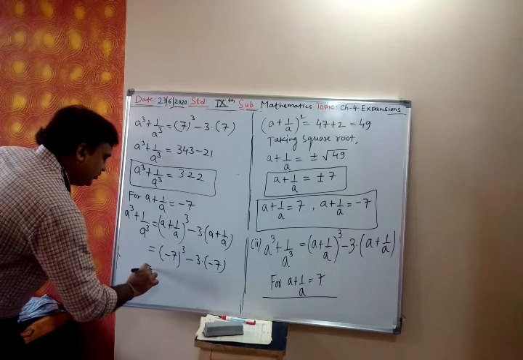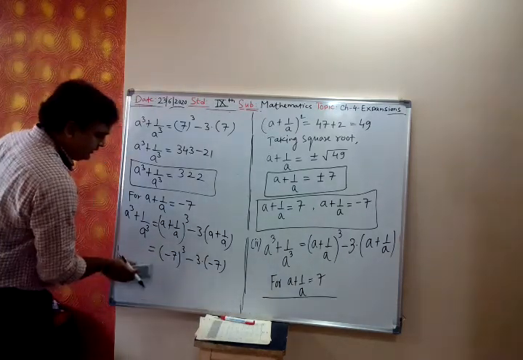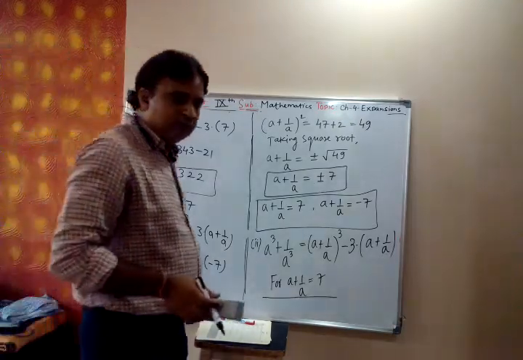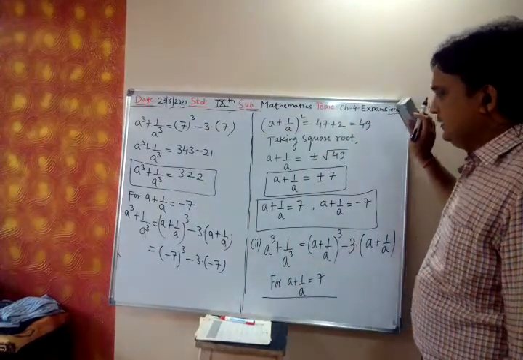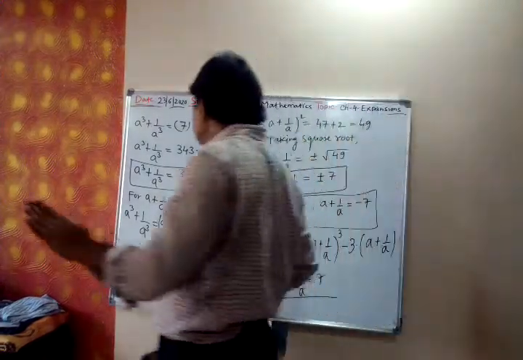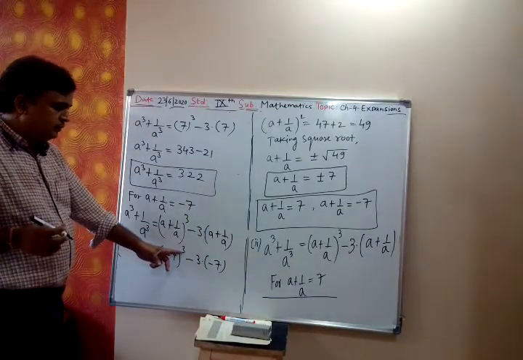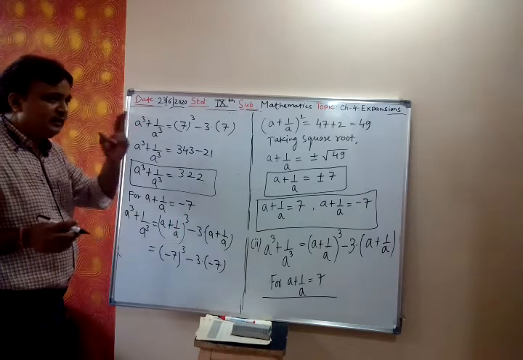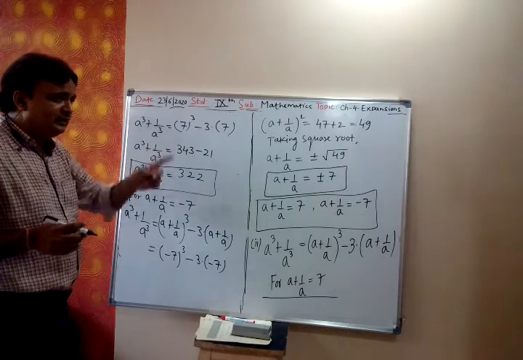So minus 7 cube means minus 7 into minus 7 into minus 7, 3 times. So minus into minus plus, plus into minus minus.